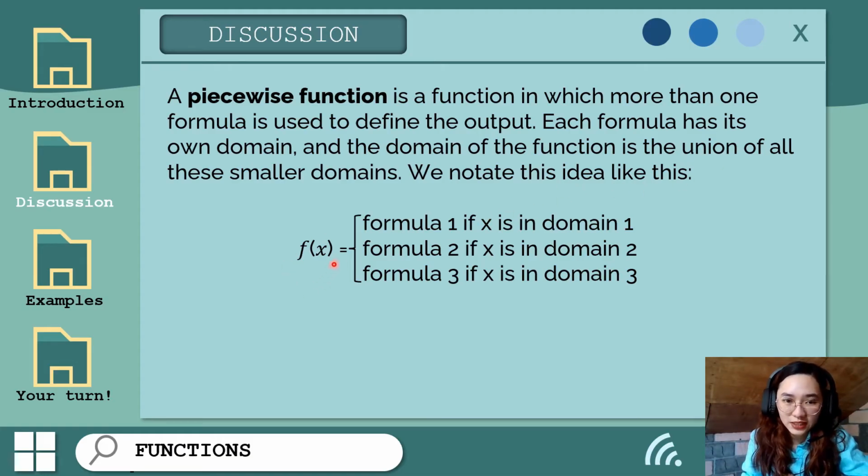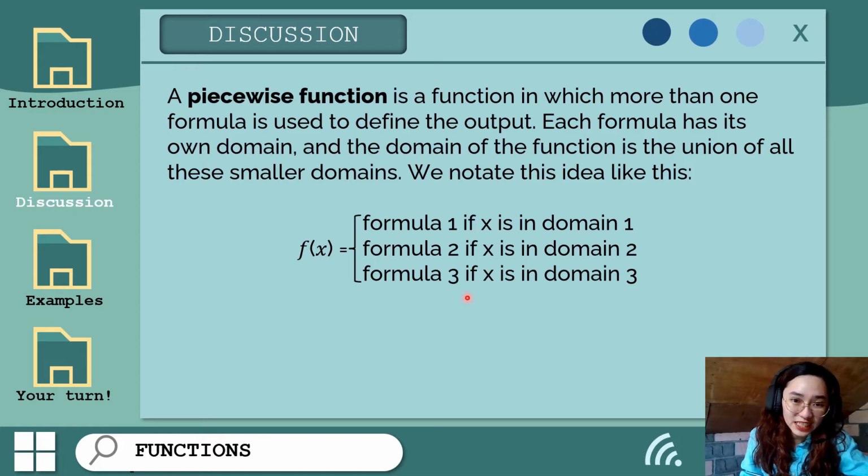Ayan. So, ang ating function is equal to, for example, meron tayong tatlong formula, but it can be more than 3. But in this case, let's say tatlong formula. Formula 1, if x is in domain 1. Formula 2, if x is in domain 2.